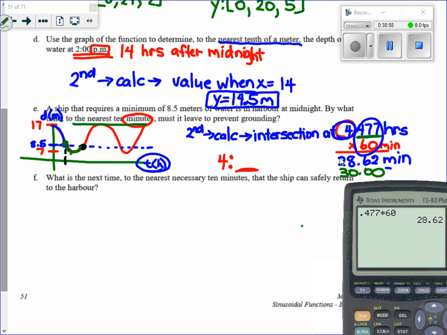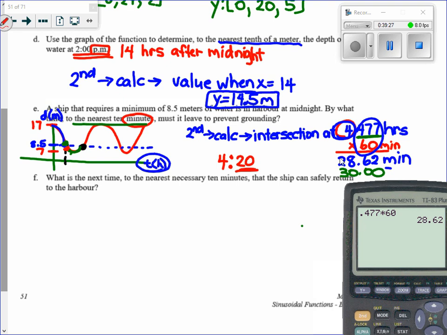Anything beyond that, so at 30 minutes, it's too late. We're right there, right? And that ship would be grounded because the water level is below 8.5 meters at that point, okay? So I can't go 4:30. I have to go to the 10 minutes previous to that. So instead of 4:30, it has to be 4:20.